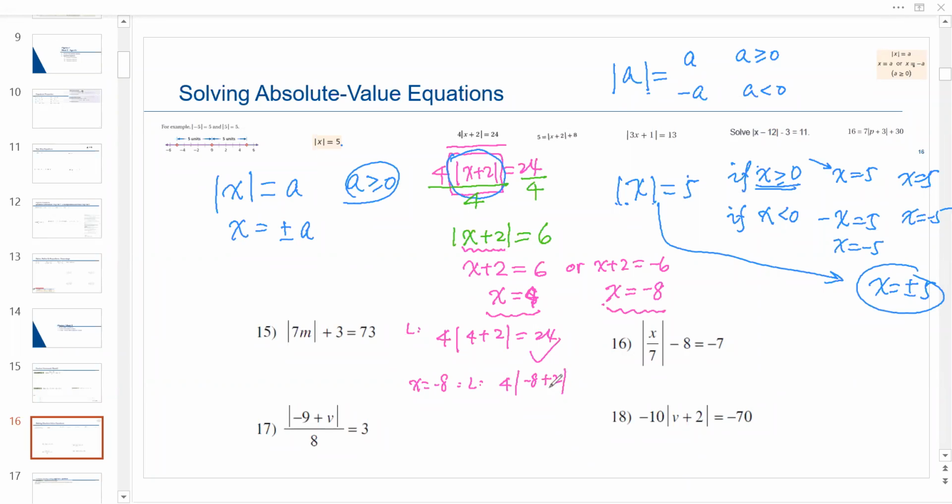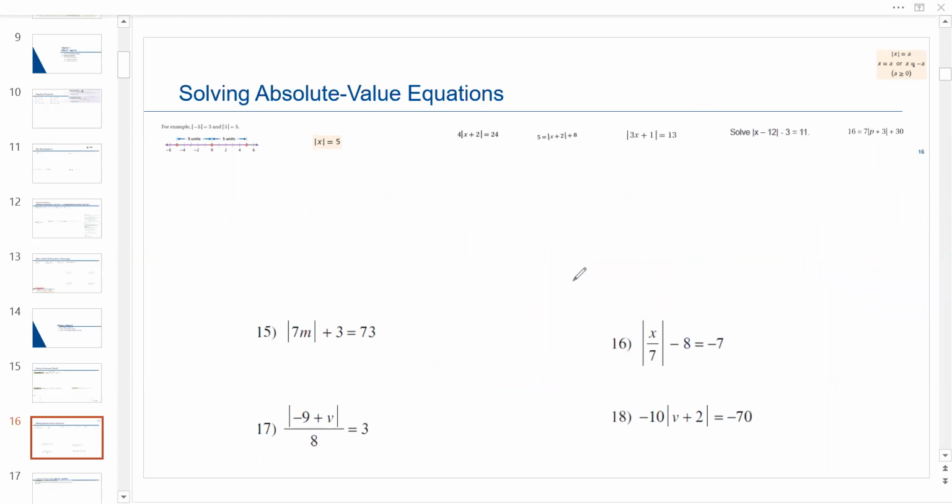Negative 8 plus 2 equals negative 6, and after absolute value it became 6. So 4 times 6 equals 24 as well. Also makes sense, so both answers work. Sounds good? So do not try to get rid of the absolute value at the first step, like parentheses; most of the time we do it at the final step.